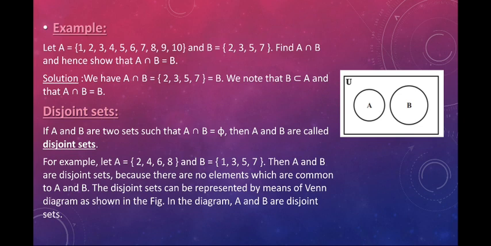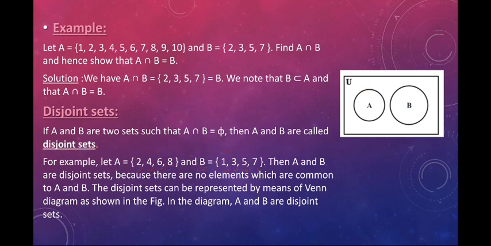That means two sets which do not have any common element are considered disjoint sets. For example, suppose A is the collection of 2, 4, 6, 8, and B is the collection of 1, 3, 5, 7. Between A and B nothing is common, that's why A and B will be disjoint sets.